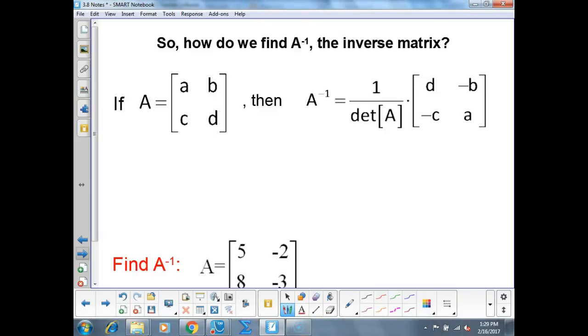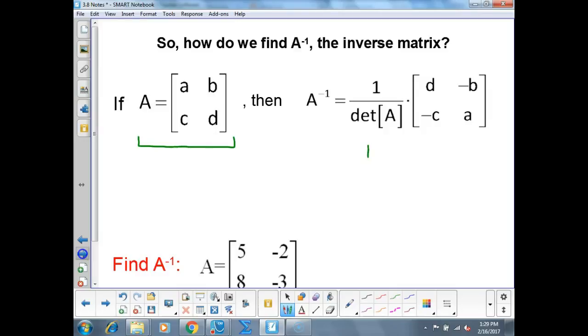Because here is matrix A, the general 2 by 2 matrix, A, B, C, D. To find the inverse, on the outside, for scalar multiplication, we take 1 divided by the determinant of A.